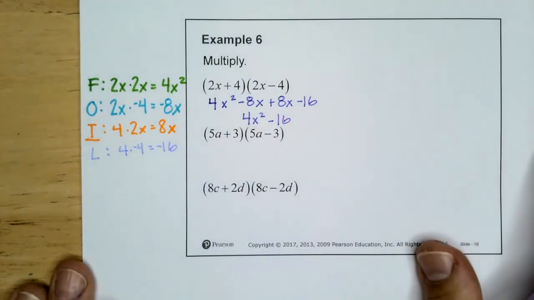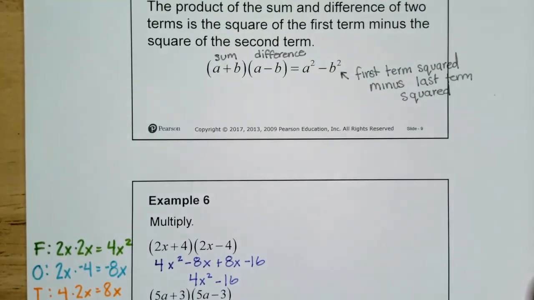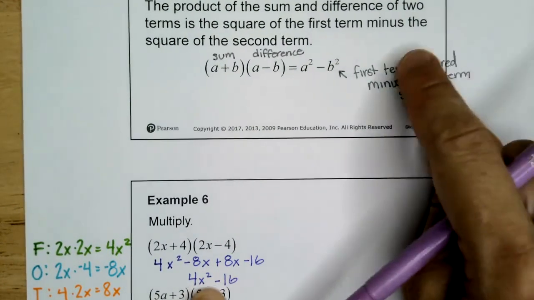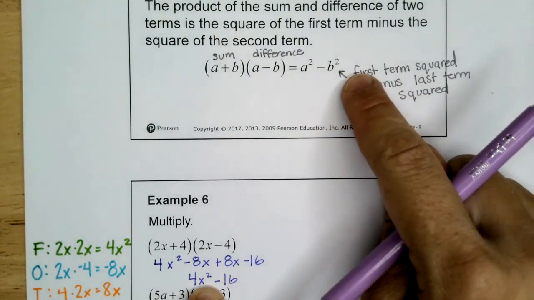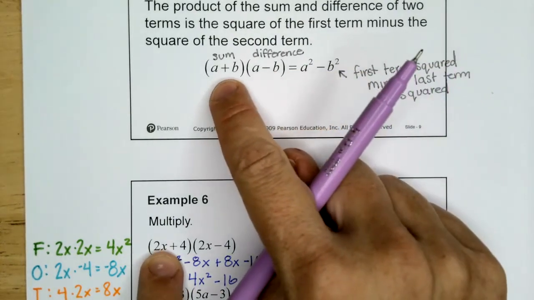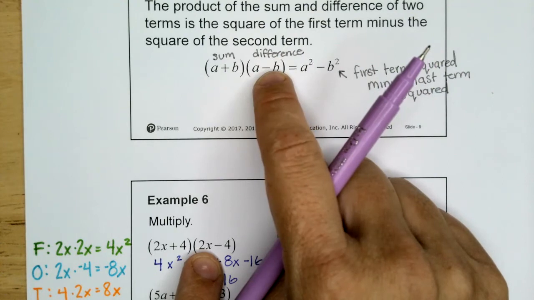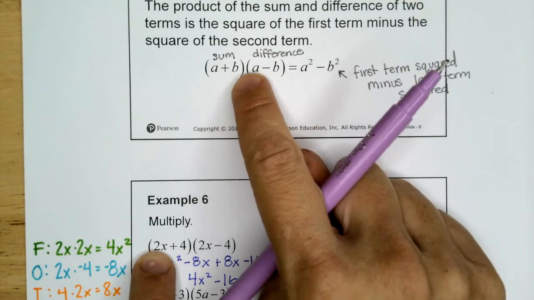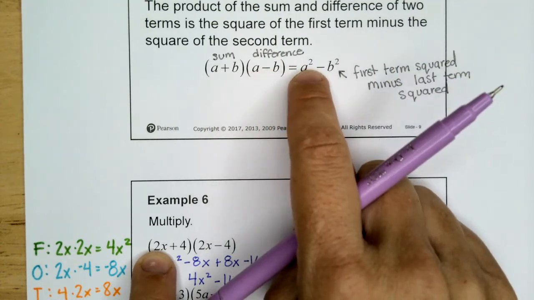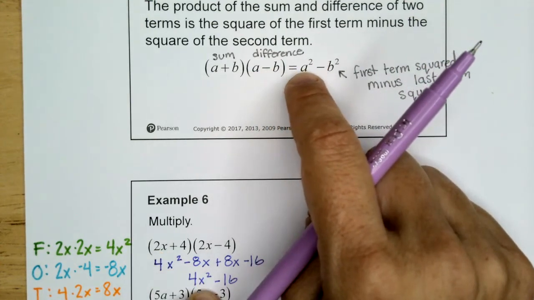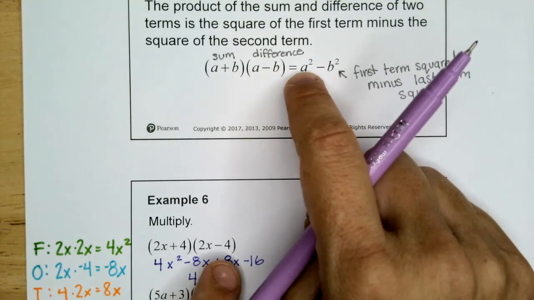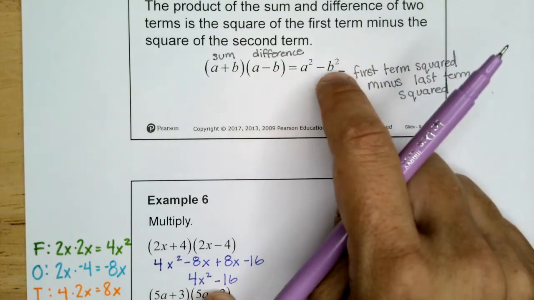Do you see how 4x squared minus 16 is exactly what this rule told us would happen? So we have a sum, 2x plus 4, and a difference, 2x minus 4, and it becomes 2x squared would be 4x squared, ooh, right here. And then 4 squared is 16.